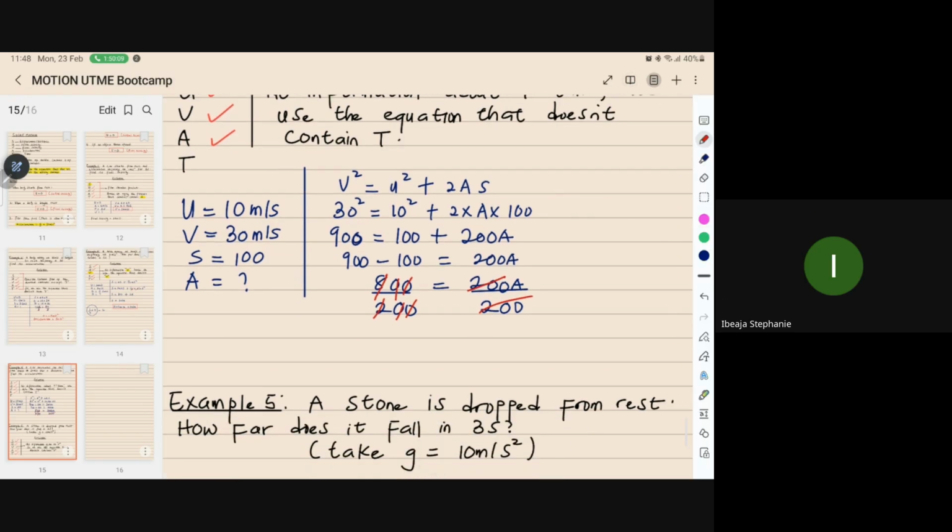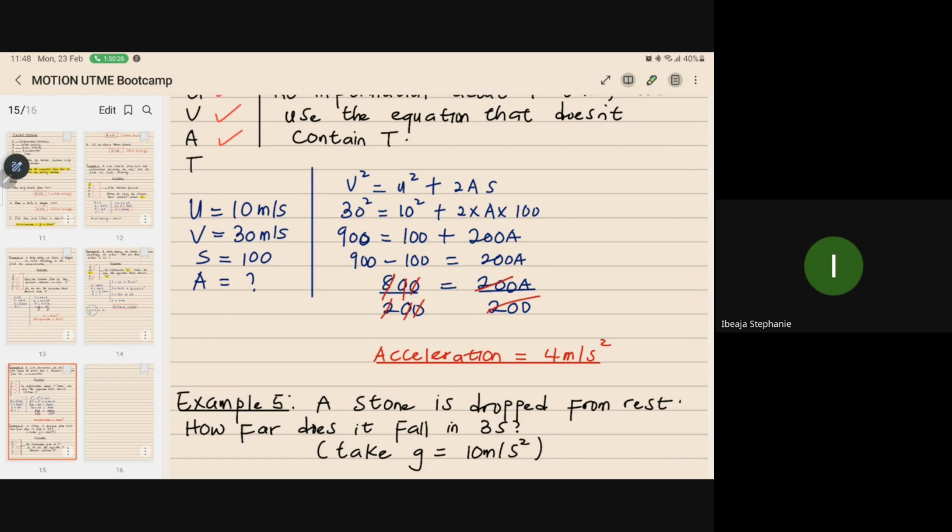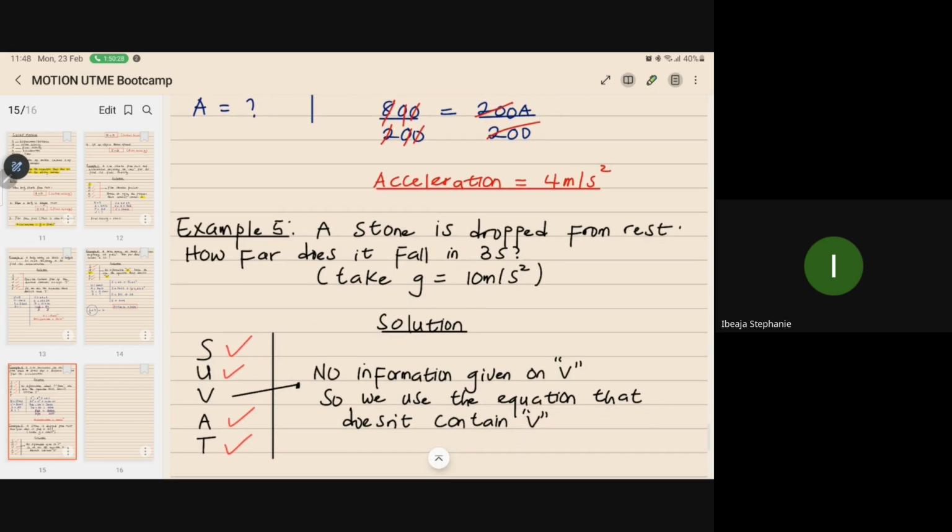So that means that our acceleration is equal to 4 meters per second squared. All right, any question on that? Everybody on the same page?